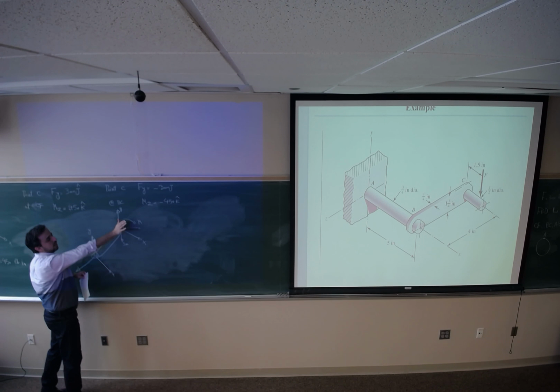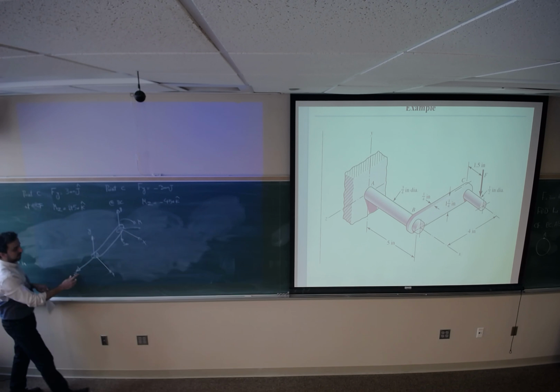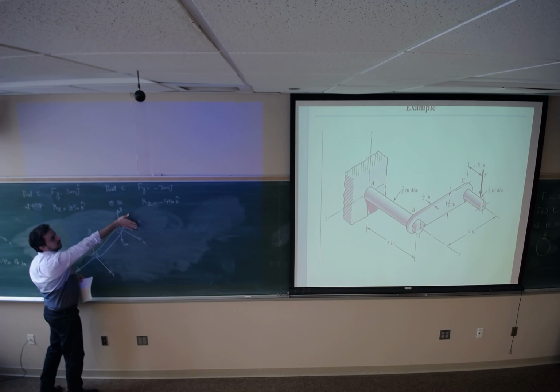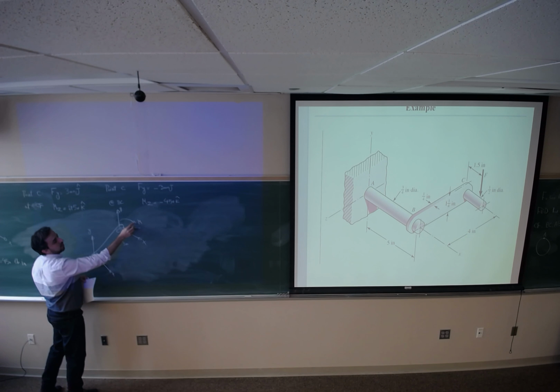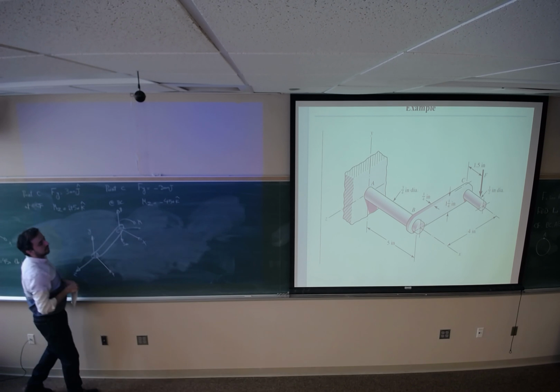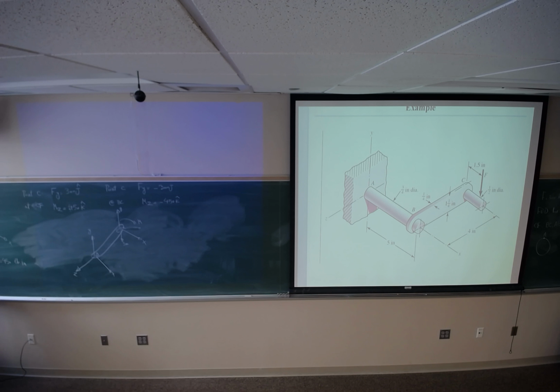If you put your thumb in the direction of rotation, your thumb should go in the negative direction of z, which is this. That's the reason that I put the arrow in this direction, not this direction. So MZ.